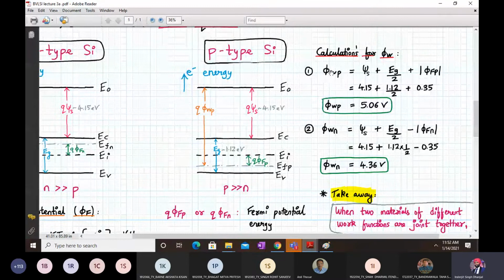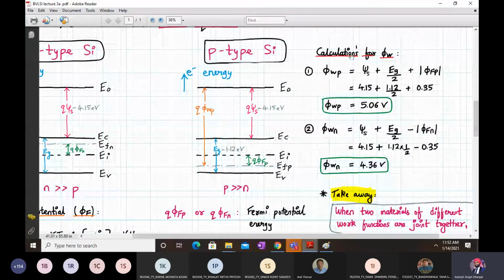What is phi WP? It is psi S plus Eg by 2 plus phi Fp. Again I repeat, the work function potential phi WP is psi S plus Eg by 2 plus phi Fp.